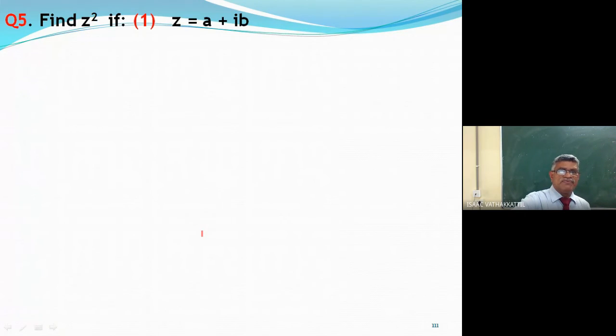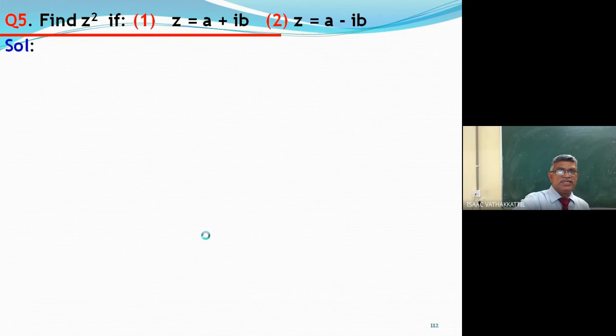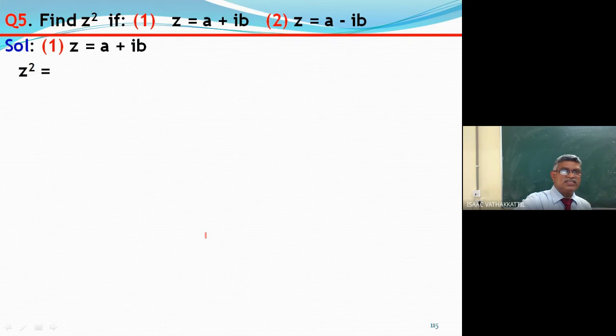Find Z squared if Z equals A plus iB. What is Z squared? Z squared is Z into Z, A plus iB into A plus iB. What is that?